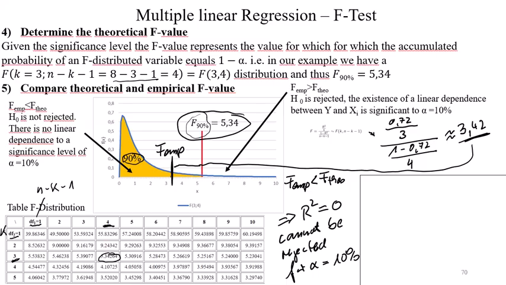Okay, and the same we are doing now with our example for our single beta values.